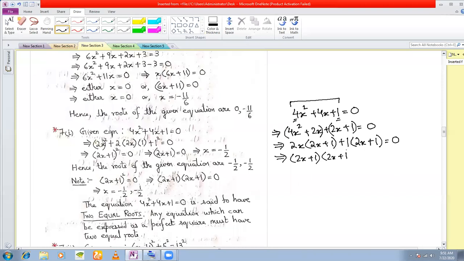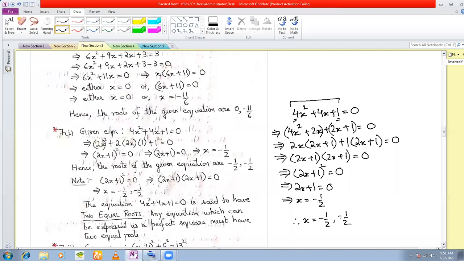So even if you don't realize that you have to use a plus b whole square or a minus b whole square, you can use middle term factorization. Okay, so that means 2x plus 1 is equal to 0. That means x is equal to minus half. So therefore the roots of the equation are x is equal to minus half and minus half, two coincident or equal roots.